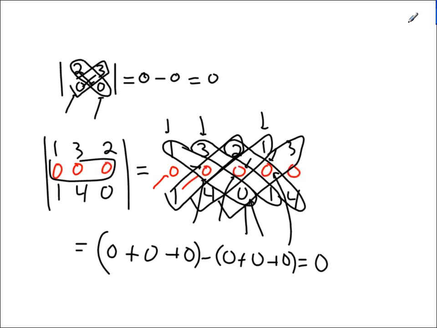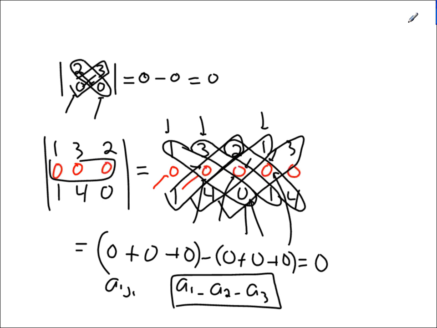It's going to be 0. Every time we look at A1 something, so let me write it down. A1 something times A2 something times A3 something. After all, the determinant of A is adding up things that look like that, where you put things in for the column. But you know what? This is going to be 0.